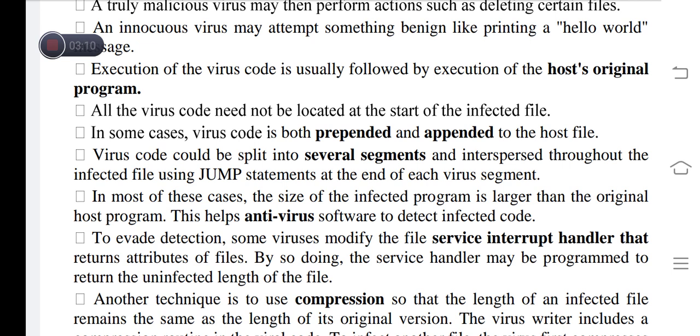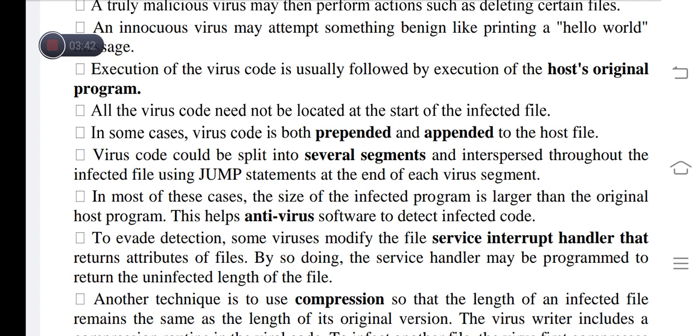Okay, so since antivirus can detect the infected file, the method adopted by the virus, to avoid detection, is that some viruses will modify the file service interrupt handler that returns the attributes of the files, because we know that a file is associated with various attributes: its properties, its length, size, when it was created, and who are the persons able to access the file, that's the permissions.